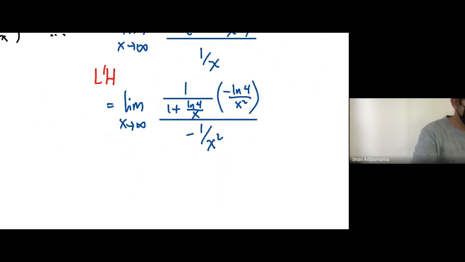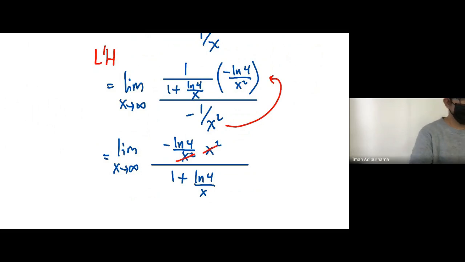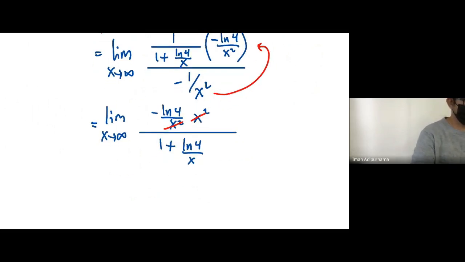Okay, rewrite this equation. Let me take the 1 plus ln 4 over x going down here, and this x squared going up here, and then multiply with the ln 4. So this will be negative ln 4. Let me write all here so that this is cancelled.